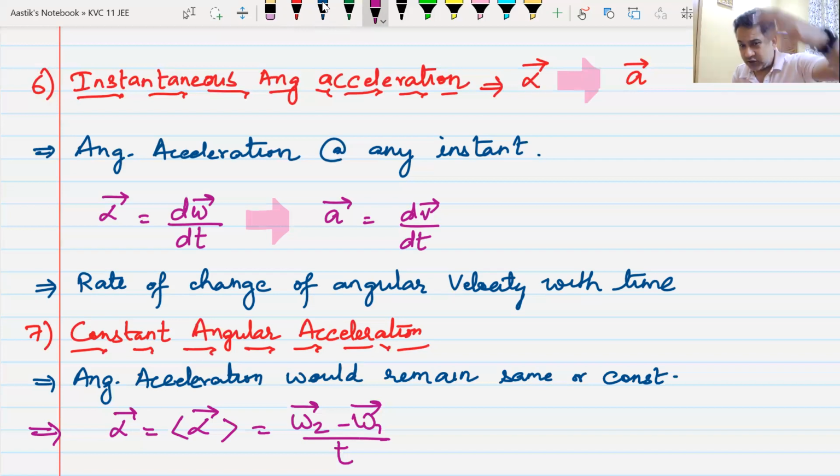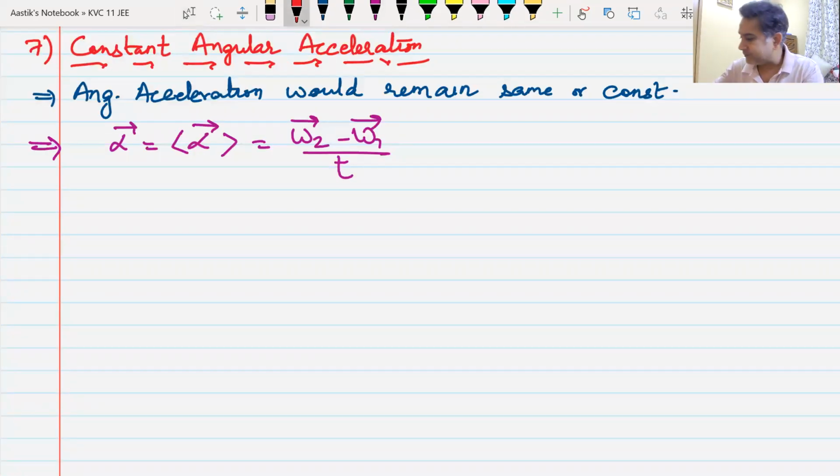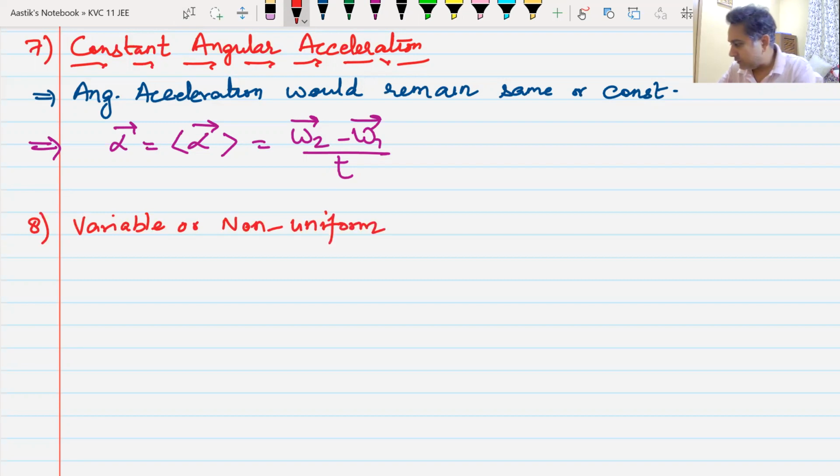We had seen the equations of motion with constant acceleration. We'll also see equations of motion with constant angular acceleration. But before going on to constant angular acceleration, let's see the last term as well so that everything is covered. So the last term here will be variable or non-uniform angular acceleration.